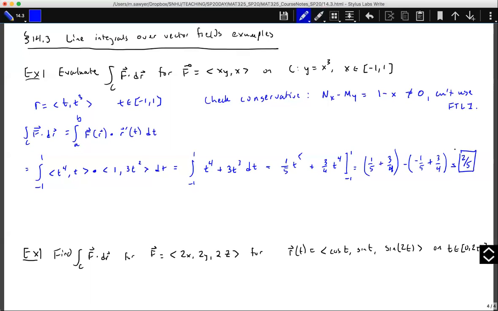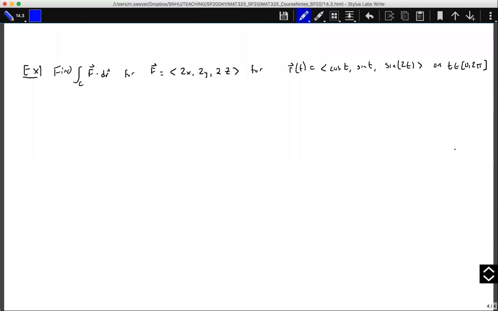So let's look at another problem here. Let's find the line integral over the vector field F along the curve C, for the vector field F equals 2x, 2y, 2z, for r equals cosine of t, sine of t, sine of 2t on the interval 0 to 2 pi.